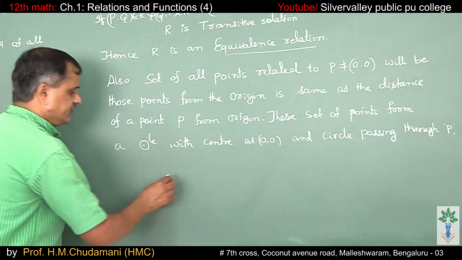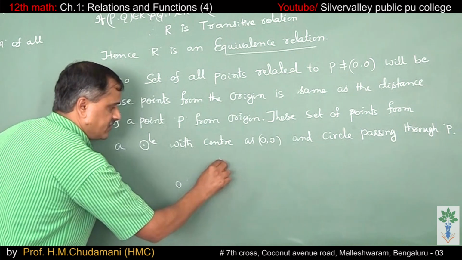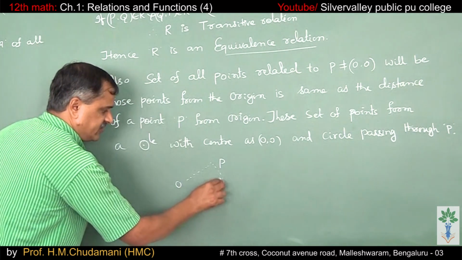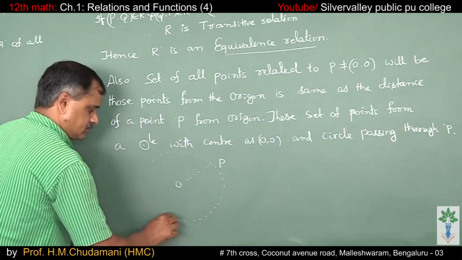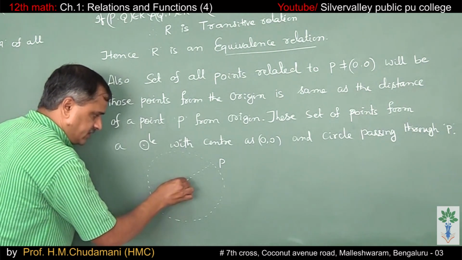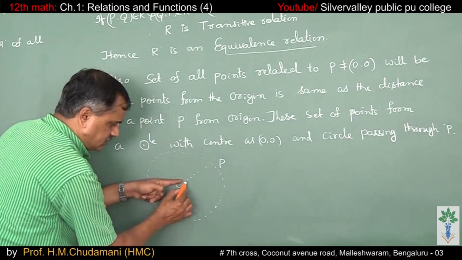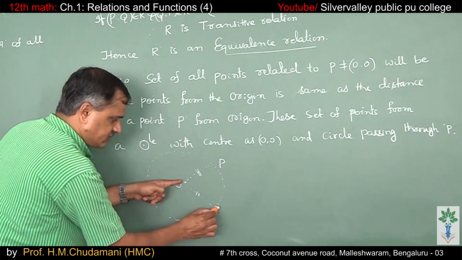Also, say this. This is the fixed point, here is the point P. See, this is how it moves. The distance of the point P from the origin: if point P moves somewhere here, then this distance is also the same.